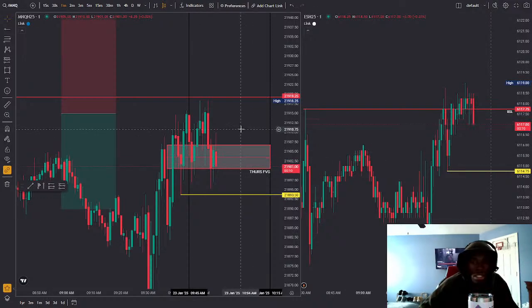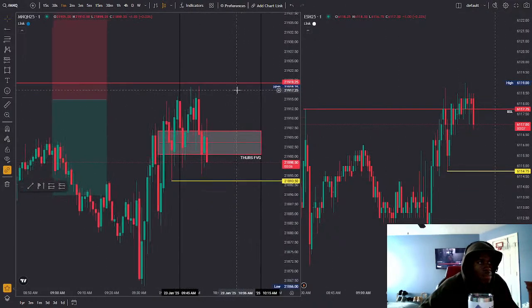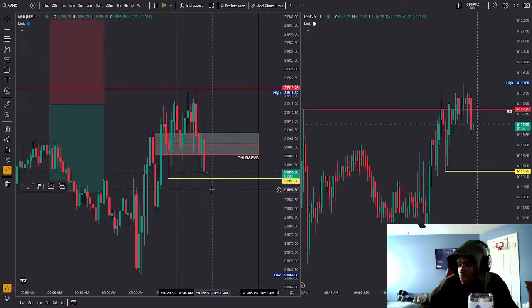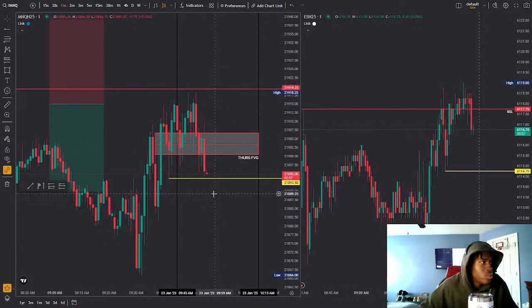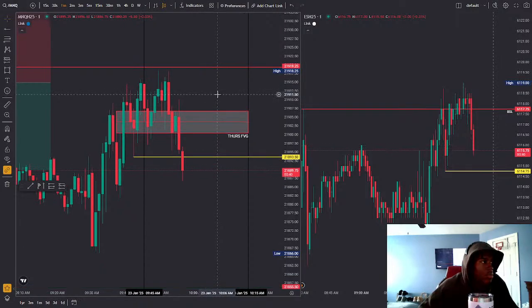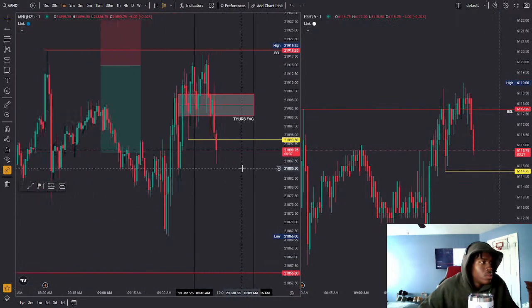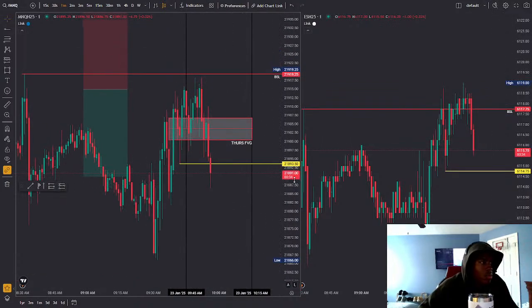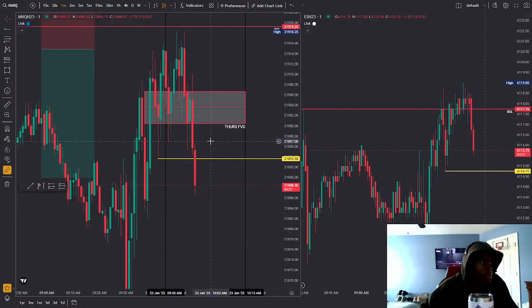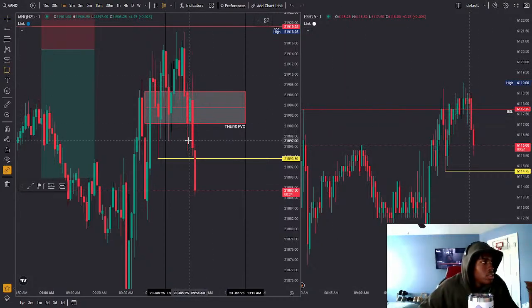I'm gonna take the short here on my apex, with a tiny ass gap right here.